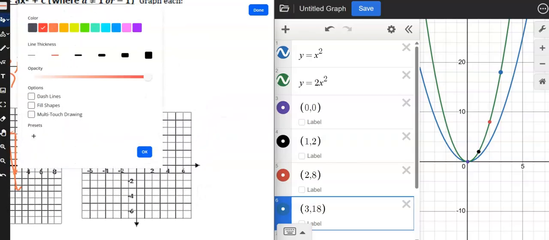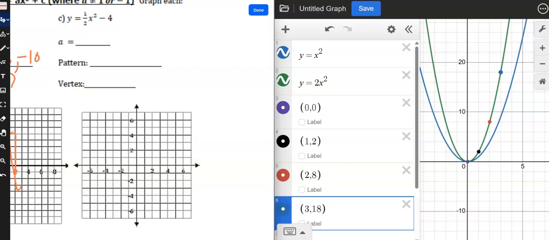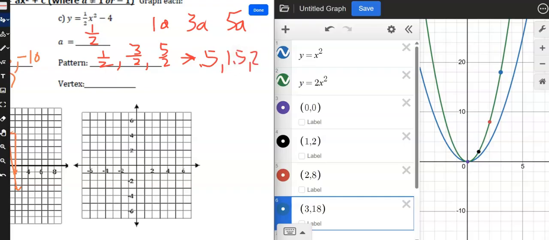All right. 1/2. Now, if I use the 1a, 3a, 5a method on this one with 1/2, so that's going to be 1/2, 3 over 2, and 5 over 2, which translates to 0.5, 1.5, 2.5, if you're a decimal fan.